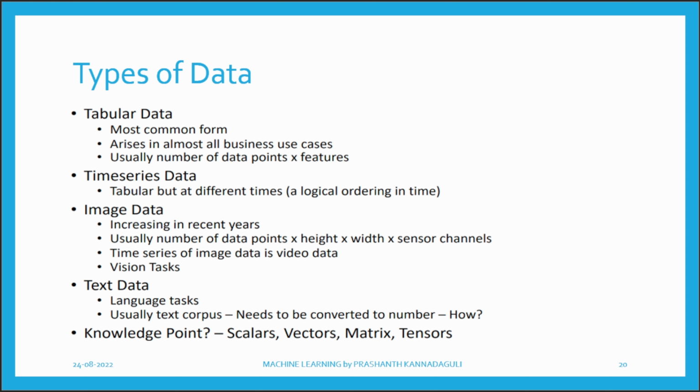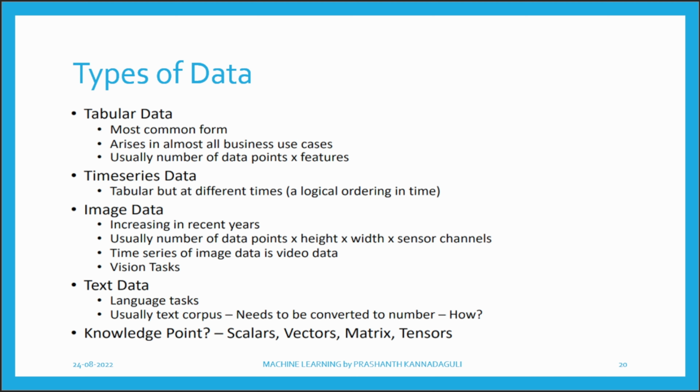So now you have a solution here. Needs to be converted into number, that's what you understand, correct? Then this can be represented. That's the knowledge point. Last point you can see there: scalars, vectors, matrix, tensors, etc. Tensor is something used by Google to represent the numbers in a format called tensor.